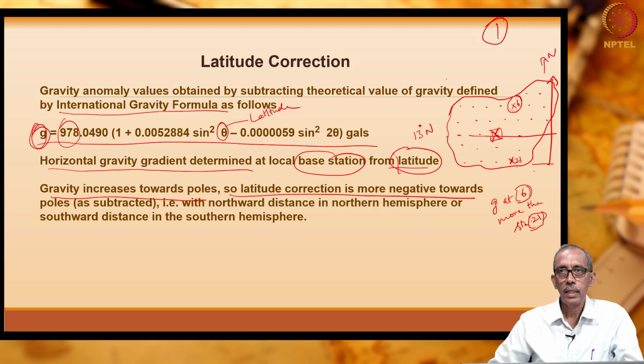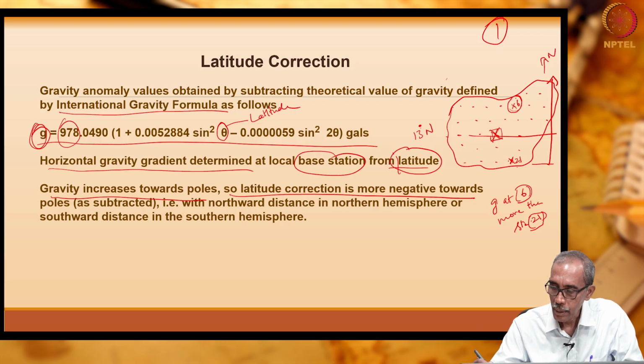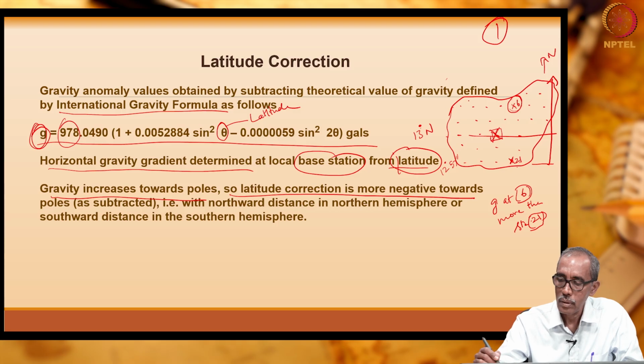How do you carry out the latitude correction? By substituting the latitude of this location. Let us say this is 12 degree 57 minutes. Let us assume this is the latitude of location 21.